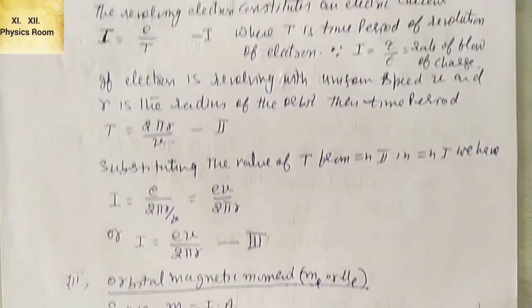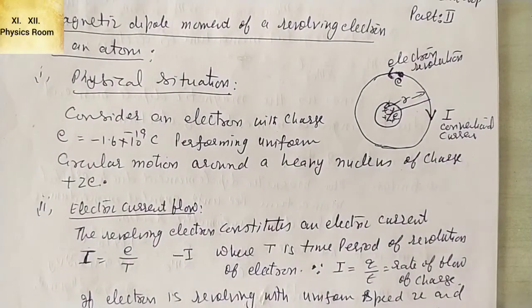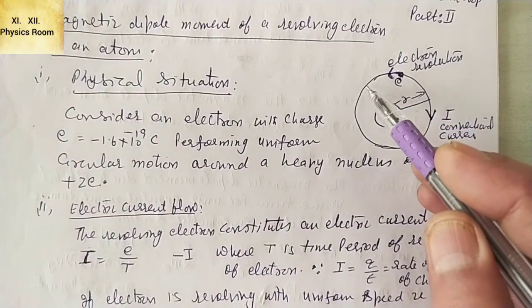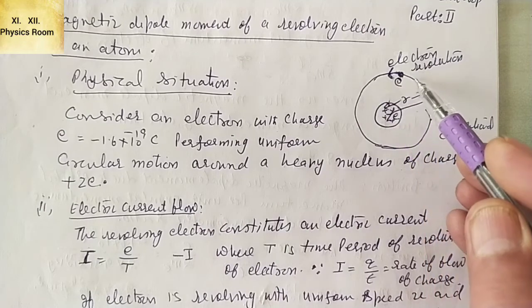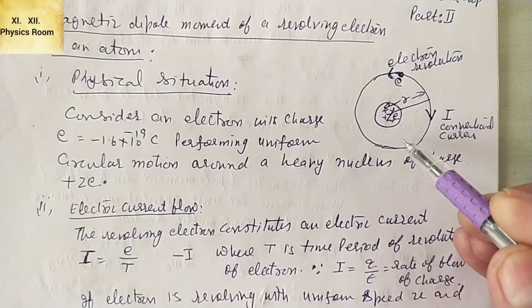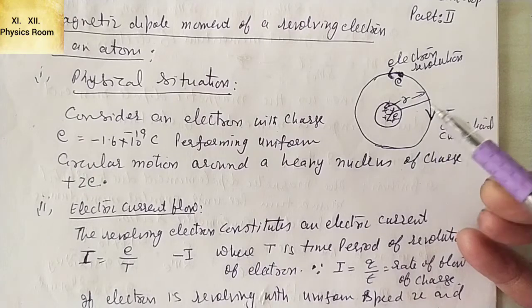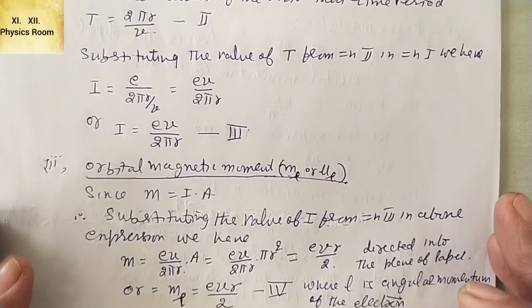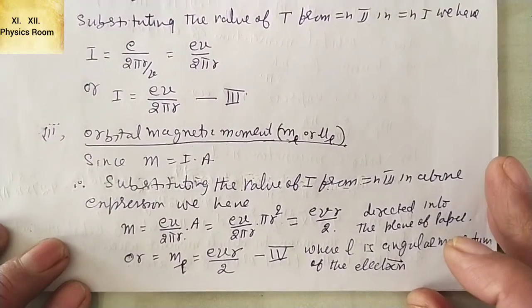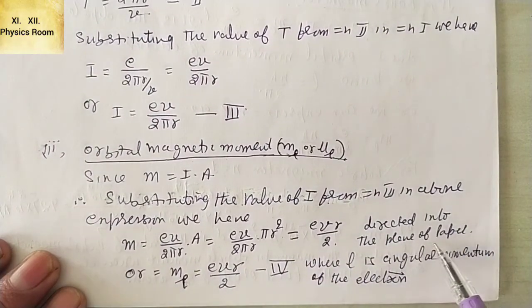Why directed into the plane of paper? If you look at the loop, the electron is revolving in this direction, its positive charge we will take in the opposite direction, and if we use right hand thumb rule, then it will be directed into the plane of paper. So magnetic dipole moment will be directed into the plane of paper.